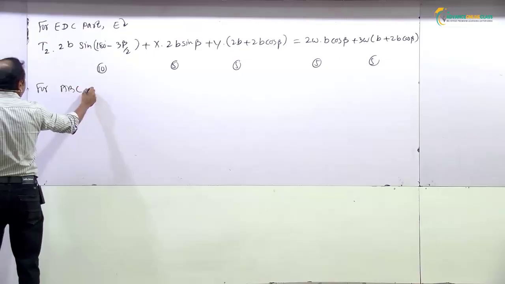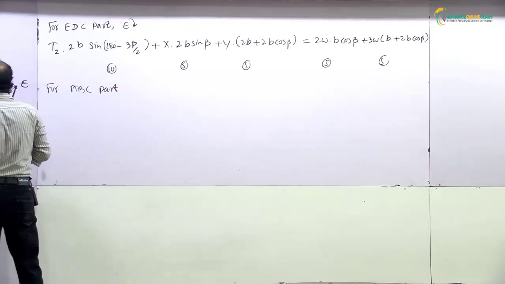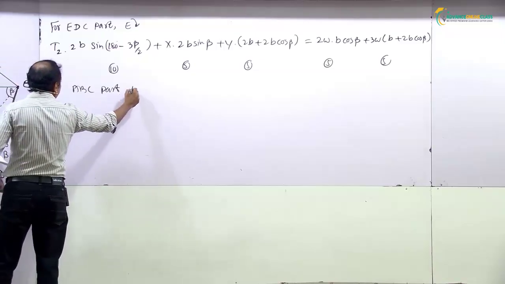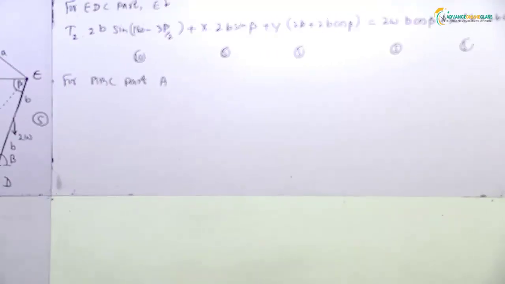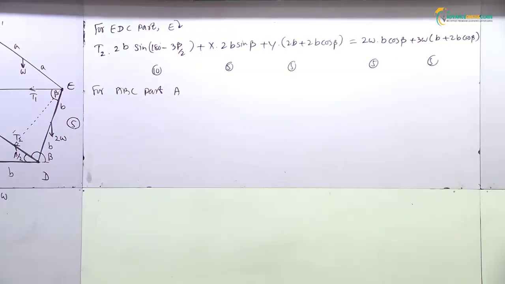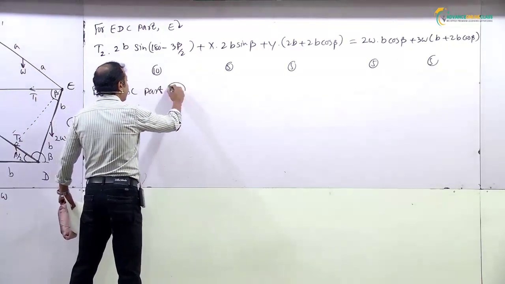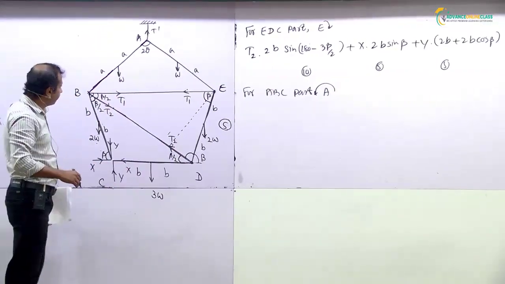For the ABC part, we take moment around A. Take moment around A, and the clockwise moment. Now think about the ways of getting moments.